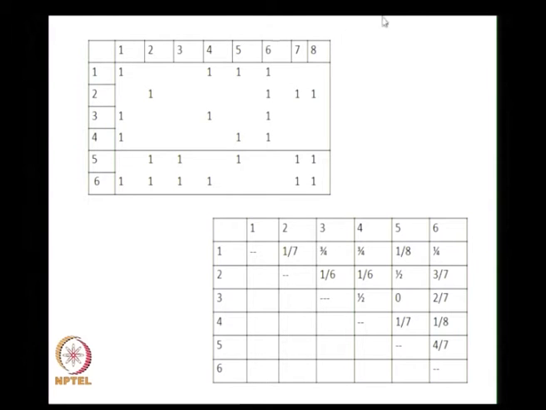So numerator has 1 which is common here, denominator has 1, 2, 3, 4, 5, 6 and 7. Component number 3 has a 0 0 pair and therefore does not contribute to the denominator. The rest of them have either a 1 1 pair or a 1 0 pair or a 0 1 pair, and they contribute to the denominator. So denominator is 7, numerator is 1, the ratio is 1 by 7 and the similarity coefficient is 1 by 7.